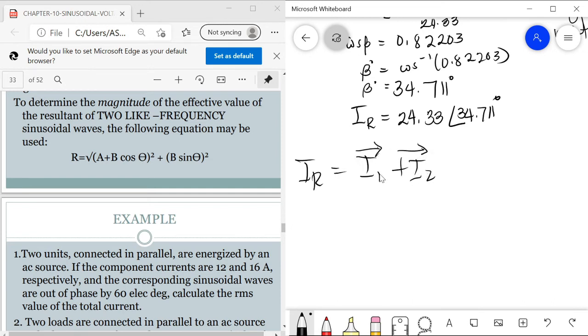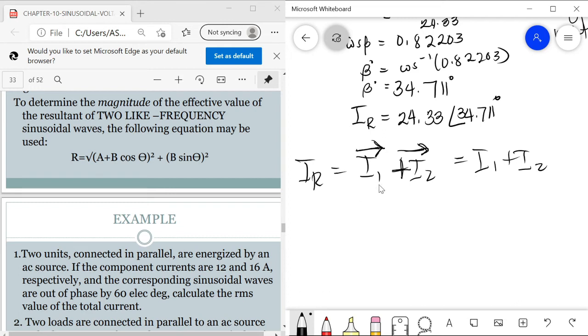So the symbol for the magnitude and direction geometrically is we put arrow para ma-indicate na kasama yung direction. Kasi pag I1 plus I2 lang, ito ay magnitude only, hindi na-include yung direction.